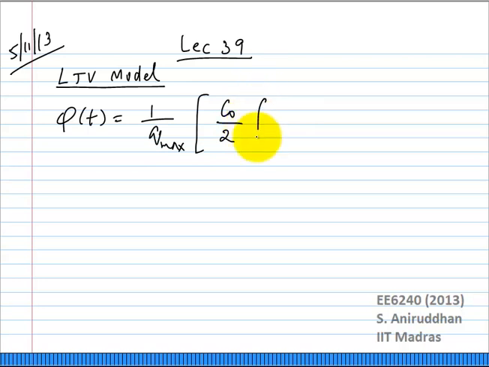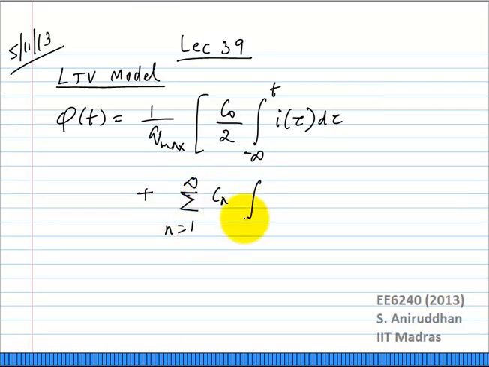So C0 by 2 times the integral from minus infinity to t of Γ(τ) dτ, plus the sum n equals 1 to infinity of Cn times the integral from minus infinity to t of Γ(τ) cos(n ω0 τ) dτ.